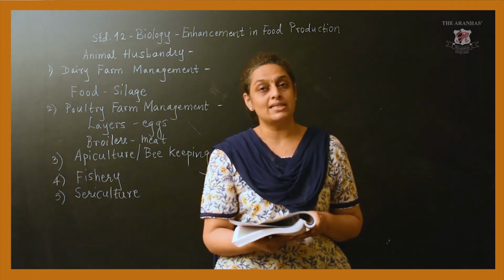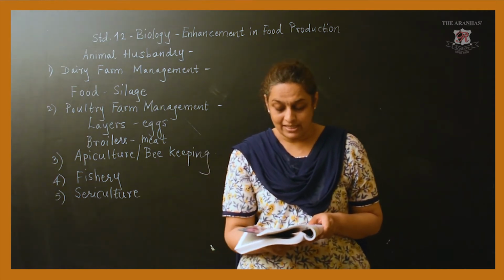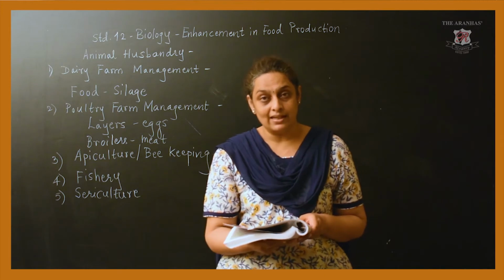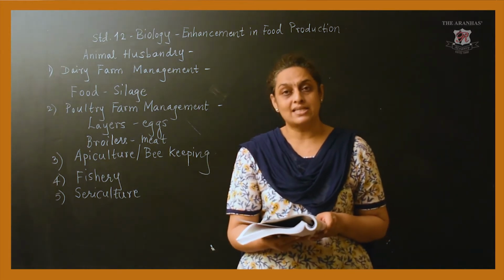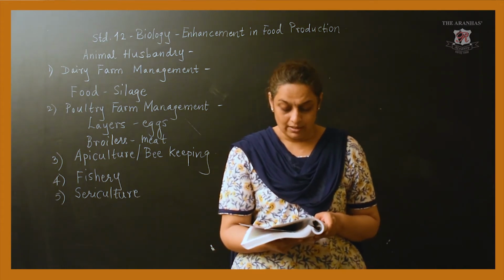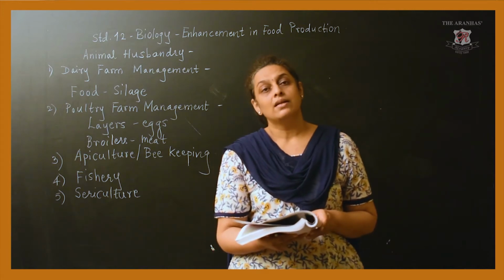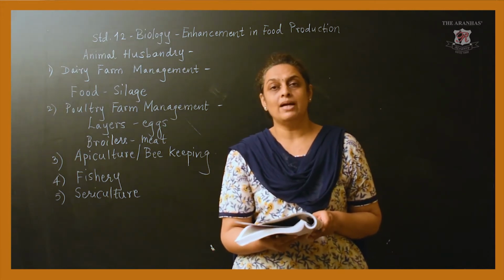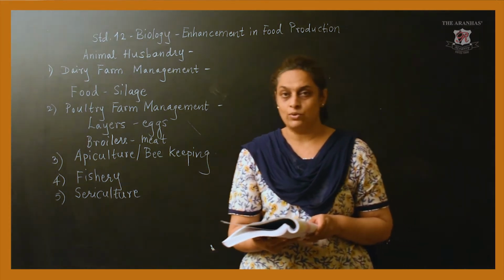Bombyx mori is the name of the organism. Then tussar silk, eri silk, these are little inferior quality silk threads obtained. So this is how rearing of silkworms gives good as well as little inferior variety of silk, and it is a good occupation.